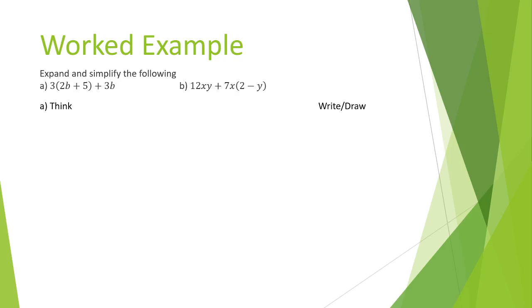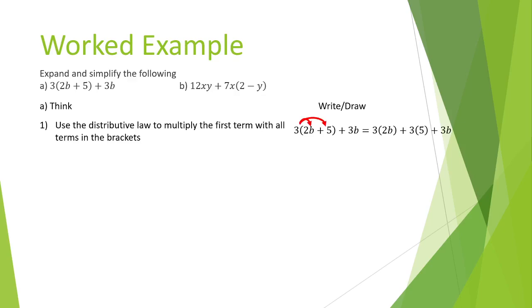So using the distributive law, we only distribute over that first bracket. We're not going to touch that 3b at the moment. So that 3 is going to times by 2b and 3 is going to times by 5. You'll notice that I'd still have that 3b on that equation because an equal sign means that they're the same on both sides. So all I've done is I've expanded that bracket.